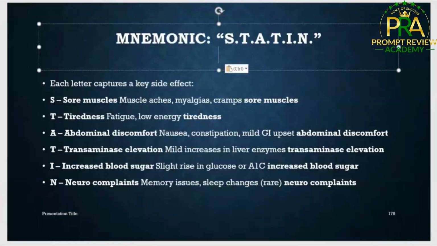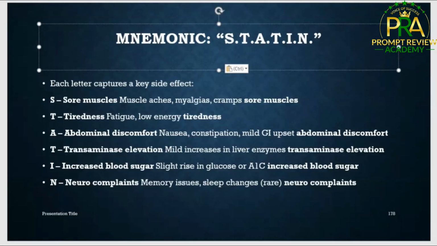Sore muscles, tiredness, abdominal pain, transaminase elevation, increased blood sugar. Yes, it can increase the blood sugar, and memory problems. Okay, that is our statin.